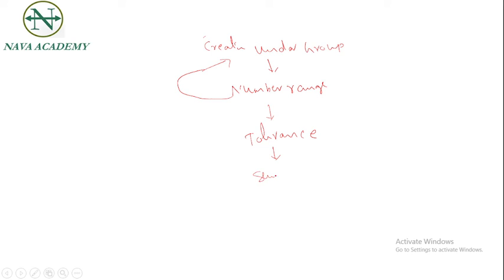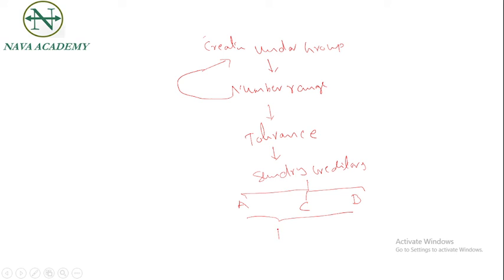Create the sundry creditors account. Under the sundry creditors account, create vendor records A, B, C. Define the document types.